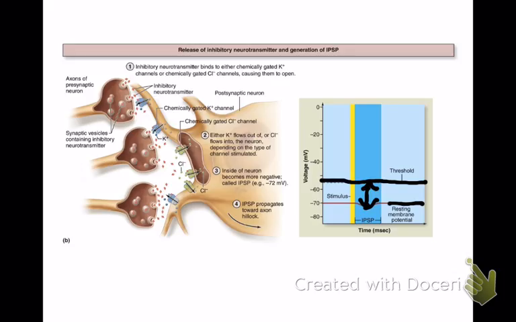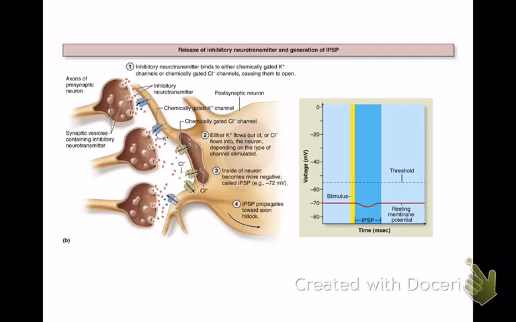Are you with me on that? So by moving away from threshold, an inhibitory stimulus reduces the likelihood that the neuron will hit threshold. There are other stimuli coming in at other synapses, and any neuron at any point in time is being both inhibited and stimulated.